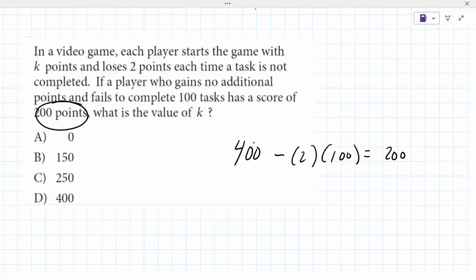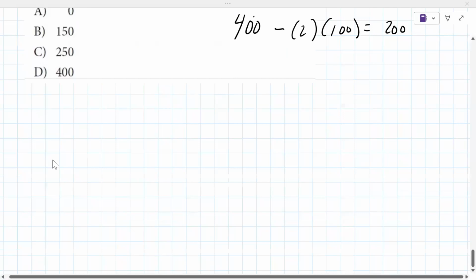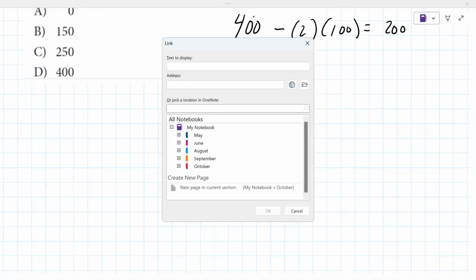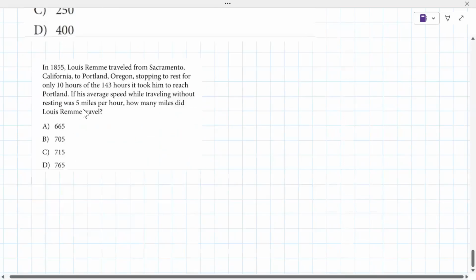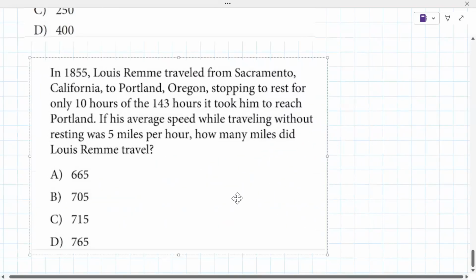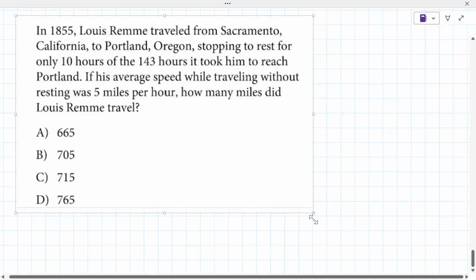So like you said, they are meant to be fast. They're not necessarily calculator problems though. I could see these being without a calculator because the numbers aren't terrible, but again, you can use a calculator if you'd like. Here's a new problem for you to look at.